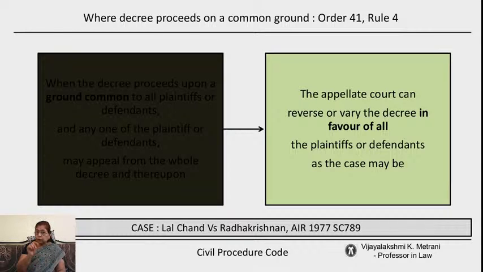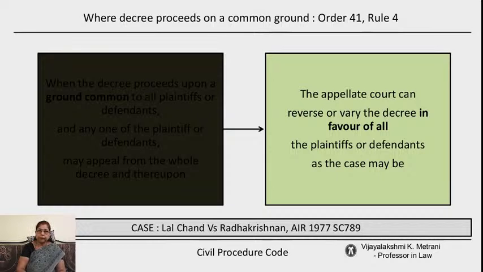But rule 4 is an exception to this particular principle, that the person who goes before the court gets a relief. Here, in Lalchand versus Radhakrishnan, All India Reporter 1977, there were a number of plaintiffs and all of them had filed a case.